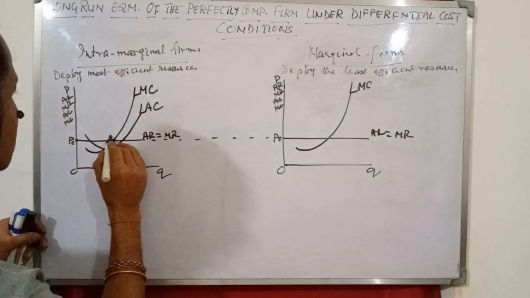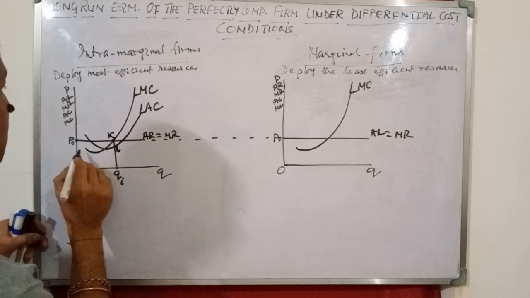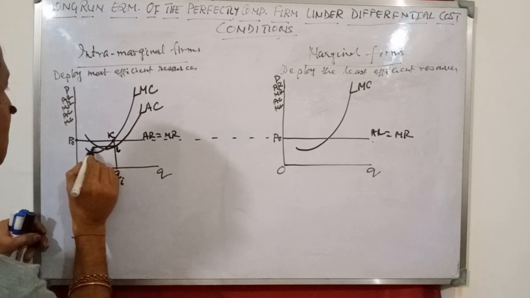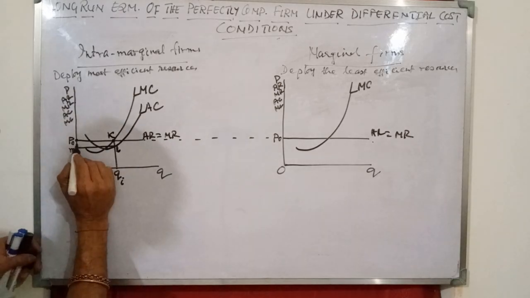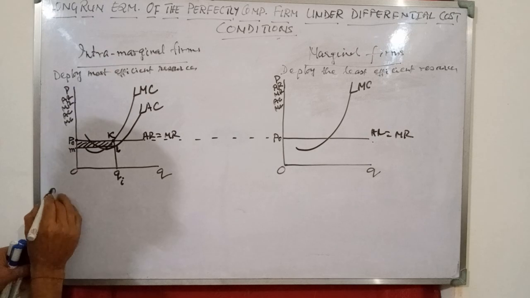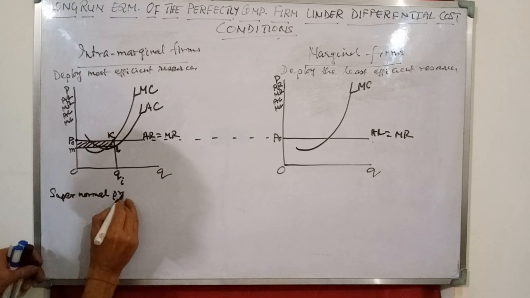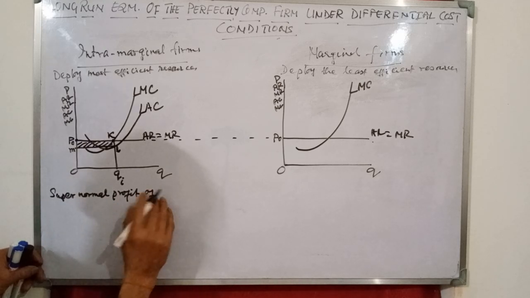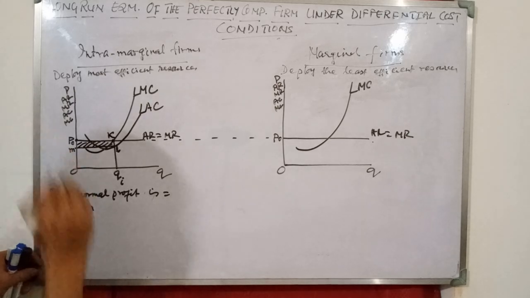Let this point be K, this point be L, and let this point be M. So the amount of supernormal profit is equal to the area of this rectangle, that is P sub 0 K L M.